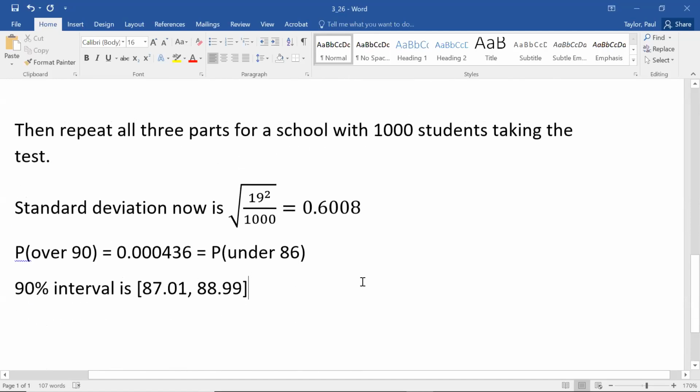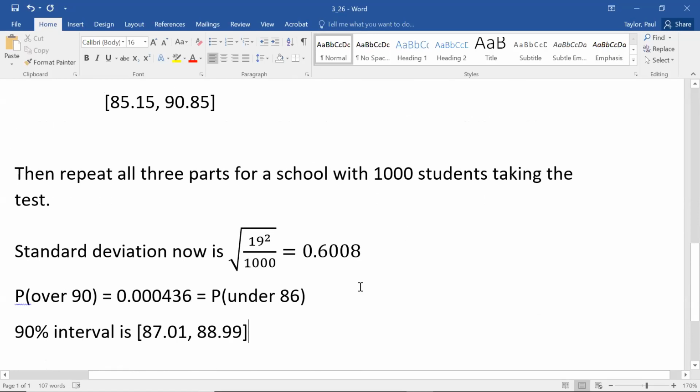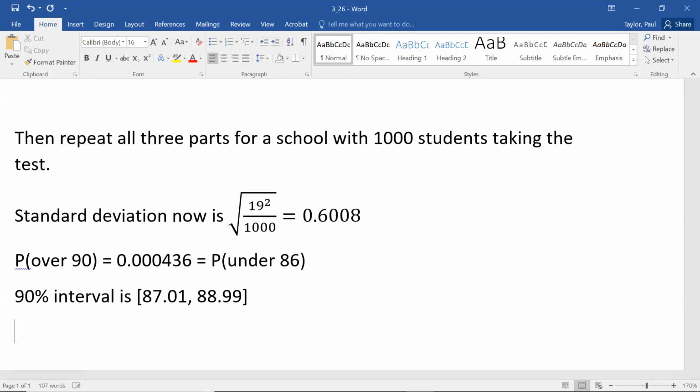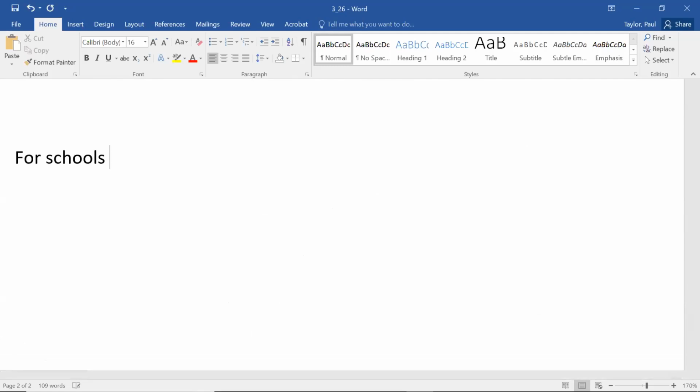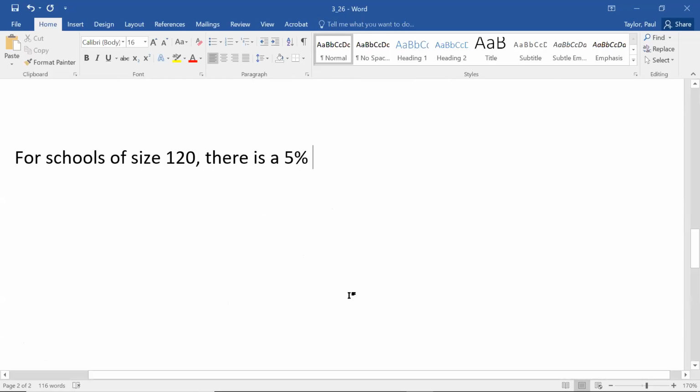Okay, so just to distinguish these two schools, let me summarize what's happening on the high end. For schools of size 120, or 120 students taking the test, there's a 90% chance that they are in the interval we found.